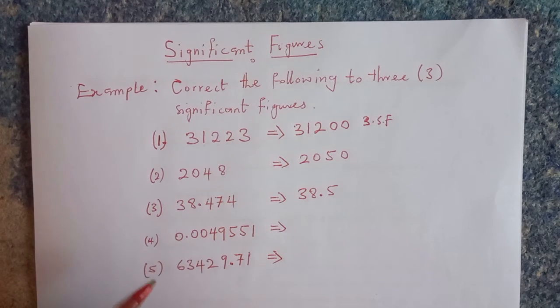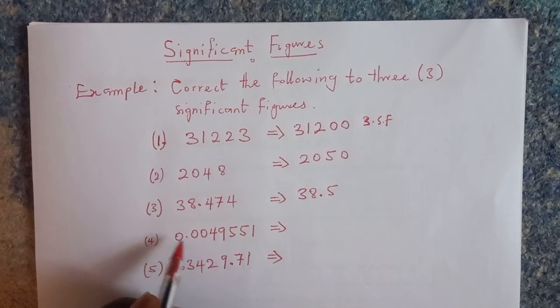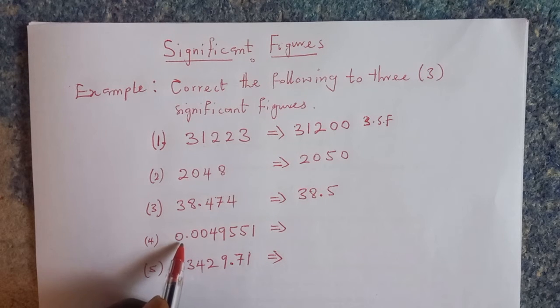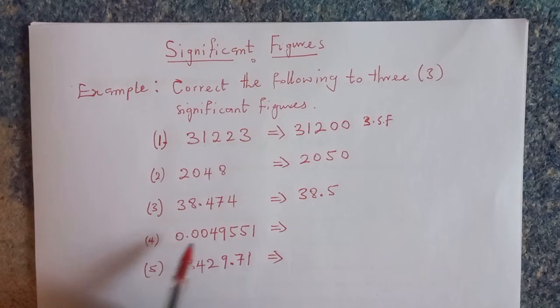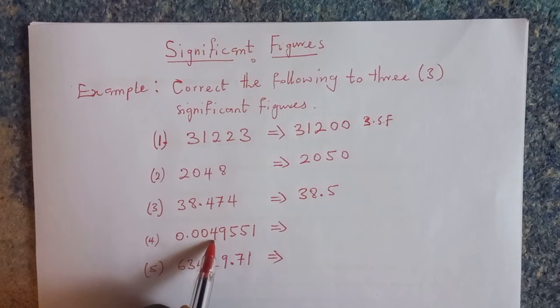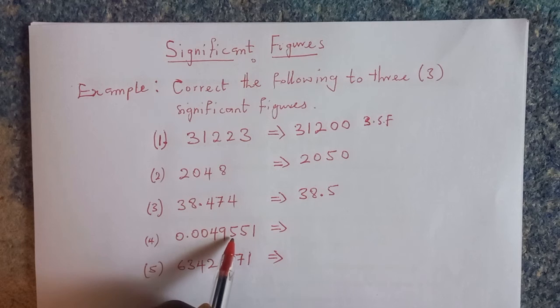All right. The next example is 0.0049551. Based on our definition, once again, the 3 zeros in front are not significant. So our first significant value is 4, second is 9, third is 5, in that order.